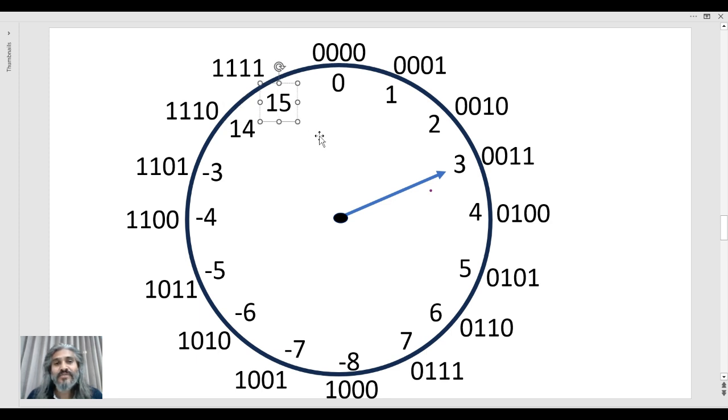Now you know that if A is 14 and B is 15, when you add 14 to 15, you will go over, you will wrap around. You do A equals A plus B, and then from that you subtract A, you get B, and so forth.